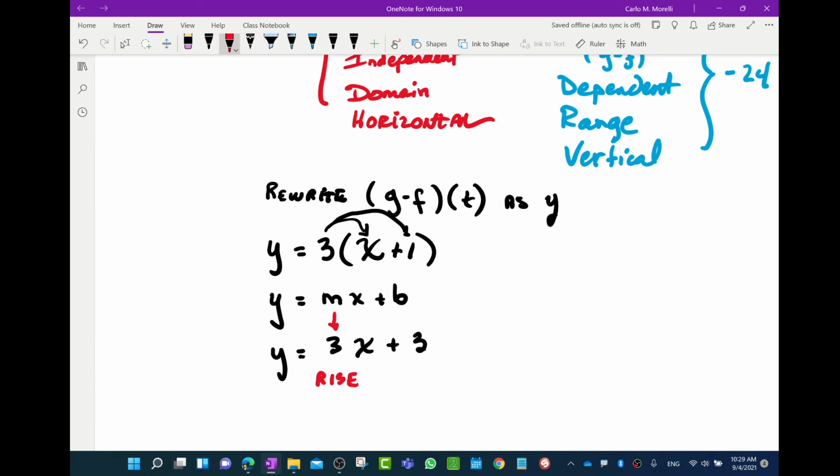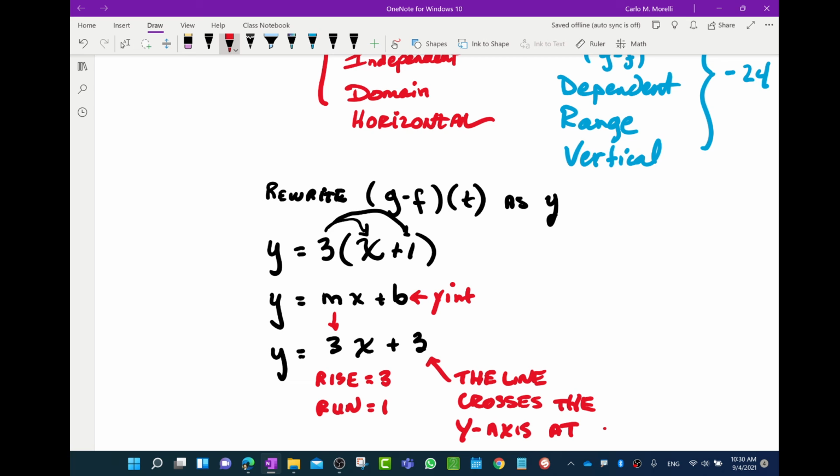So that's a rise of 3 and a run to the right of 1. And this over here is the y-intercept, right? That's the y-intercept. And this tells you that the line crosses the y-axis at 0, 3.